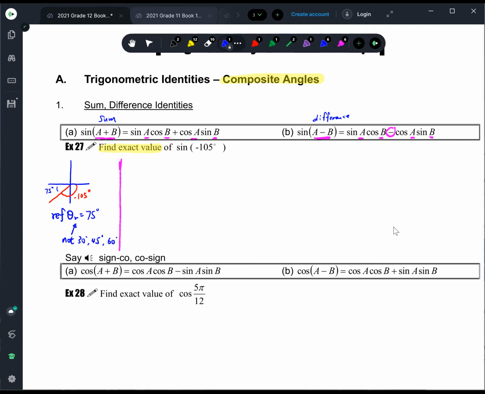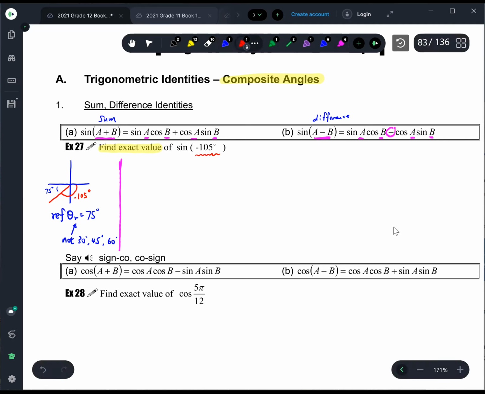Because the question they give us is negative 105, which doesn't give you a special angle as your reference, we want to split it. We want to split the 105 using two special angles. Special angle means 30, 45, 60.